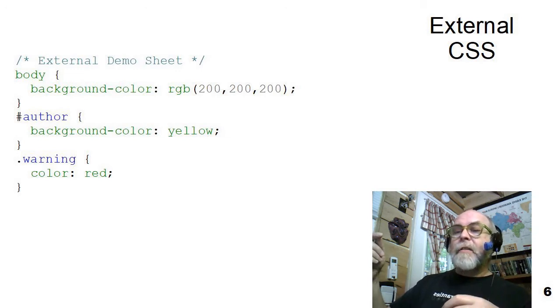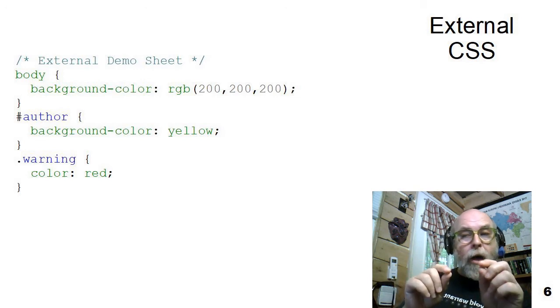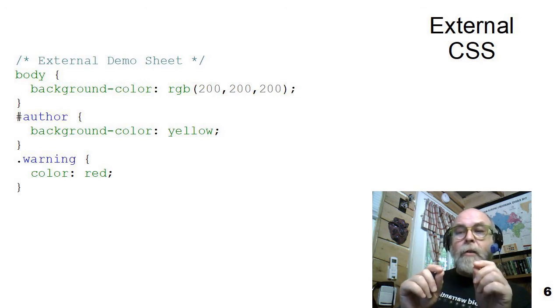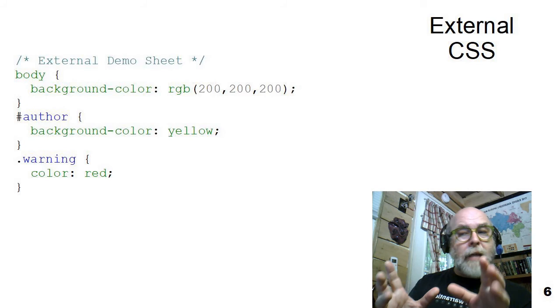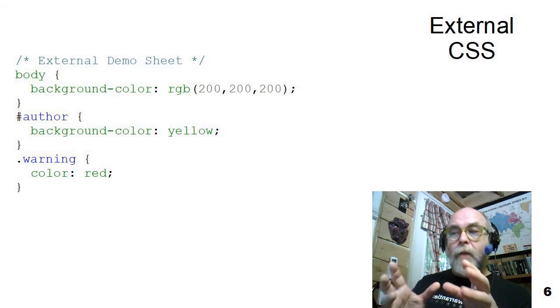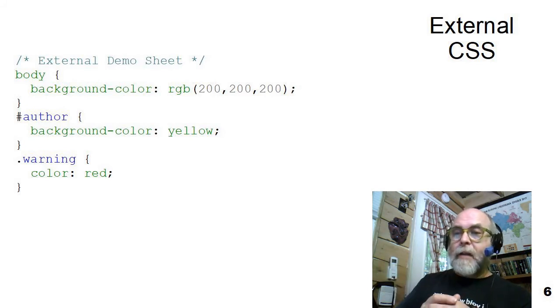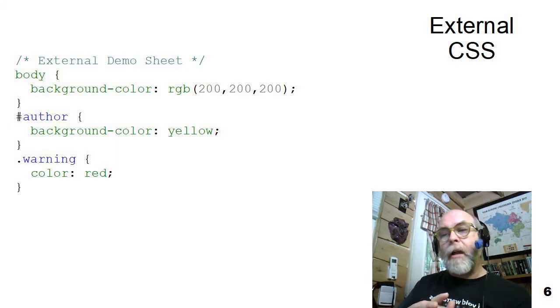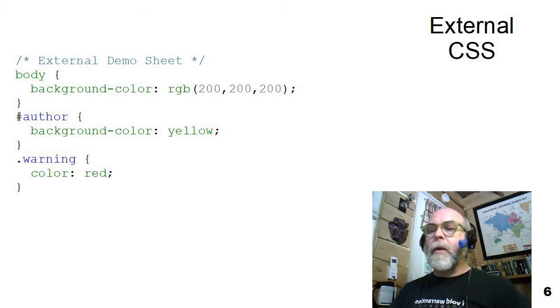It then finds the tag with an ID of author and makes the background color yellow. So if there's a tag with an ID of author, it'll make the background color of that tag yellow. And if there isn't a tag with an ID of author, it will ignore it. And then it makes all of the tags that have the class warning, the text will be red. Okay, so let's see what that looks like.